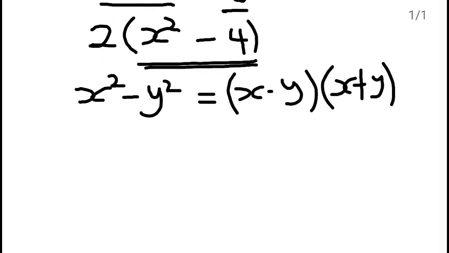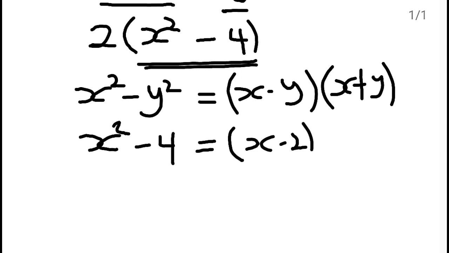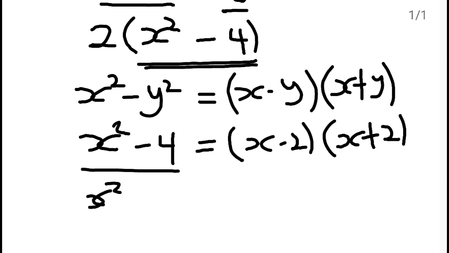When we compare, x squared minus 4 will be x minus 2 and then x plus 2, as this x squared minus 4 is the same as x squared minus 2 squared.